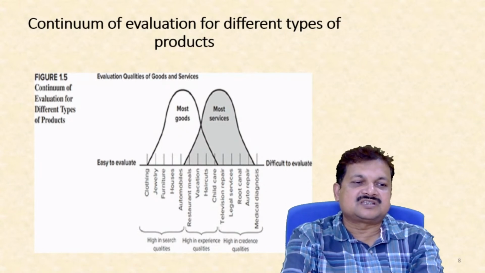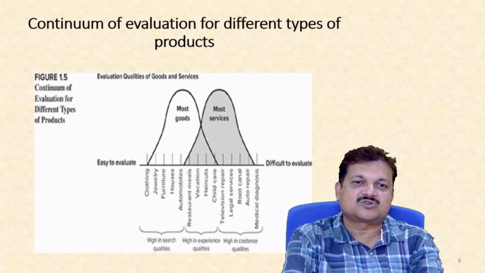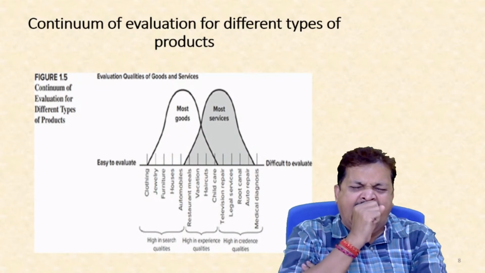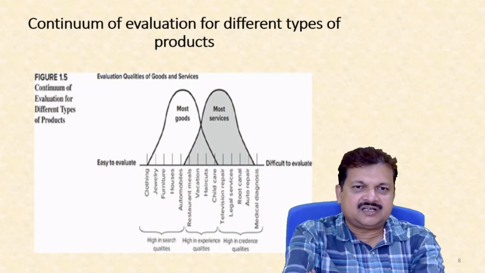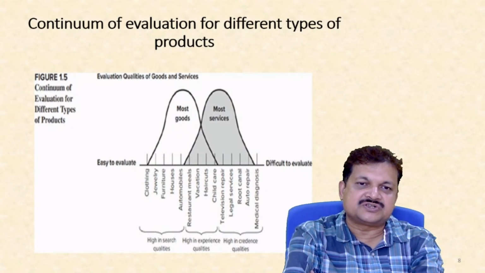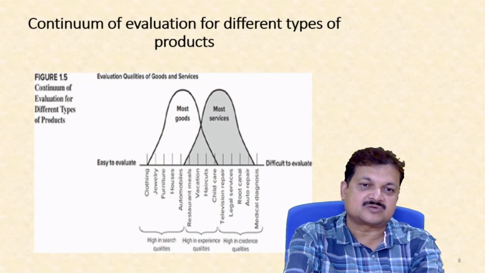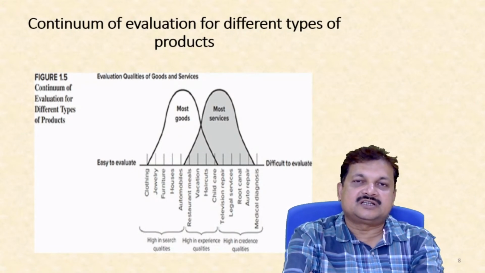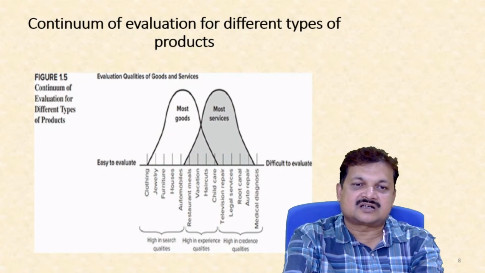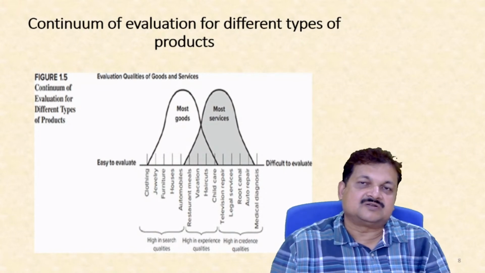So here we will see the continuum evaluation of different types of products. Most of the product cases are clothing, jewelry, furniture, houses, automobiles, which are products associated with services. For clothing kinds of things, services are limited. In most product cases, if you are satisfied then you purchase.